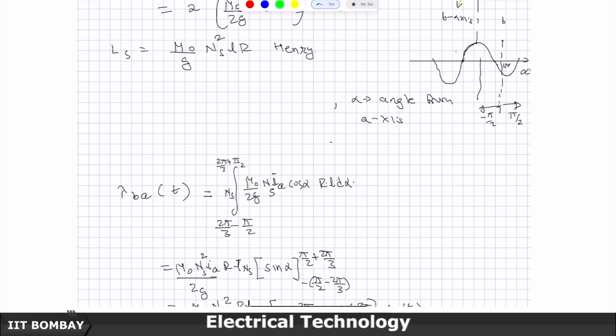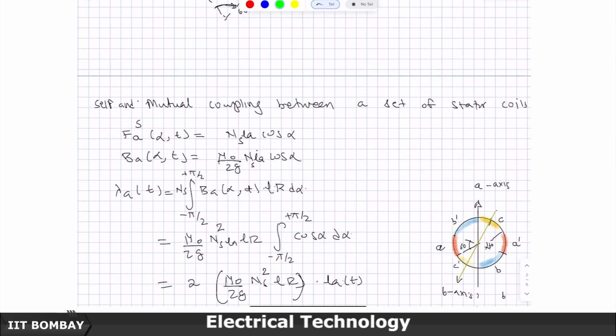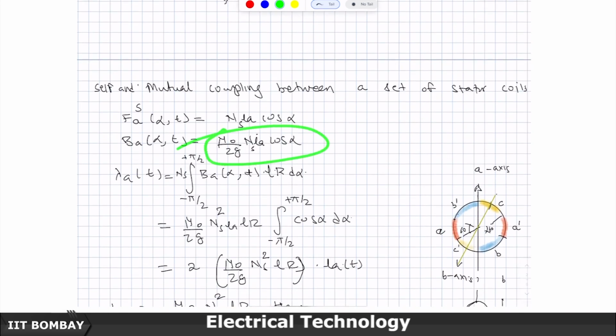All that MMF is created in the A phase. Even if I want to measure the effect on the B phase, the current in the A phase will create an MMF in space which is exactly the same. Just because I want to measure some effect on the B phase, the B created by the current flowing in the A phase is still the same.